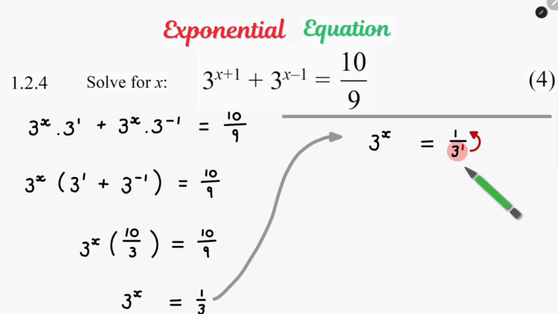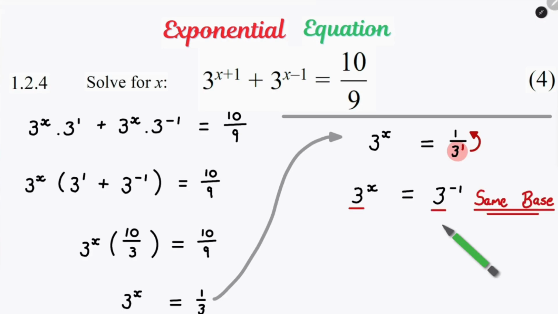And then we're going to yoink that up to the top so that it converts into 3 to the power of minus 1. Now the whole reason why I wanted to do that is so that I get the same base on both sides of the equation. And when I have the same base, I can grab the exponents, make them equal to one another, and then my job's done. I've solved for x.